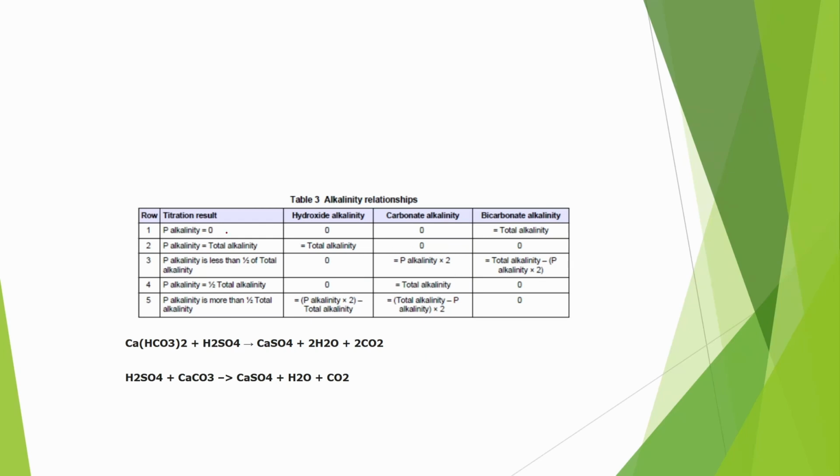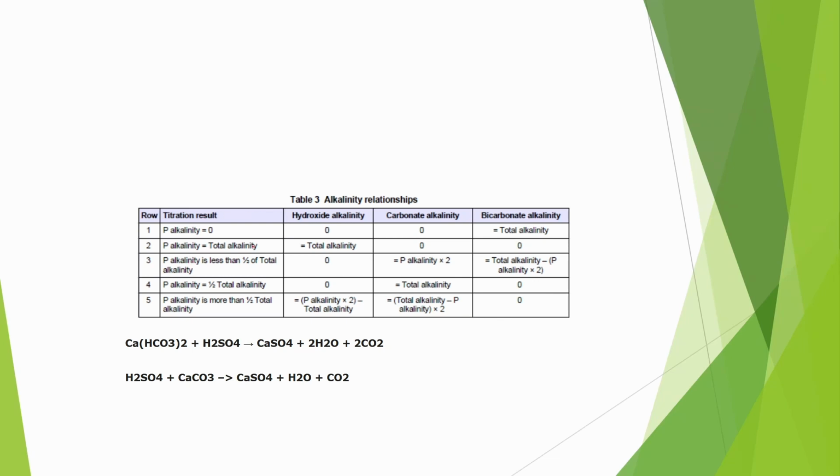So this is the table, and from here we can see if P alkalinity is 0, then the total alkalinity is equal to the bicarbonate alkalinity, because P alkalinity being 0 indicates there is no hydroxide and no carbonate present in the solution. So the total alkalinity is due to the presence of bicarbonate only.